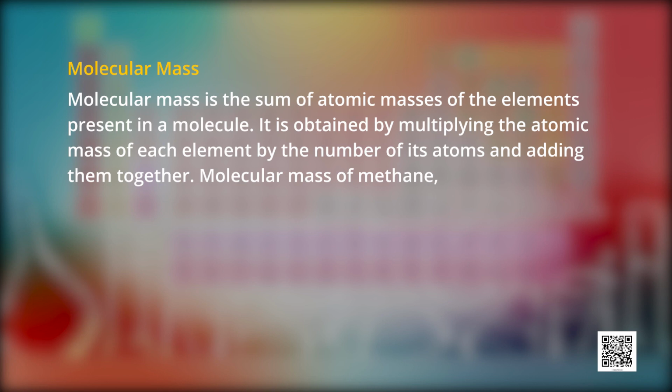Molecular mass of methane, CH4, is equal to 12.011 u, which is the atomic mass of carbon, plus 4 multiplied by 1.008 u, which is the atomic mass of hydrogen. It will come out to 16.043 u. It is the molecular mass of methane. Friends, now try to find out what is the molecular mass of water.